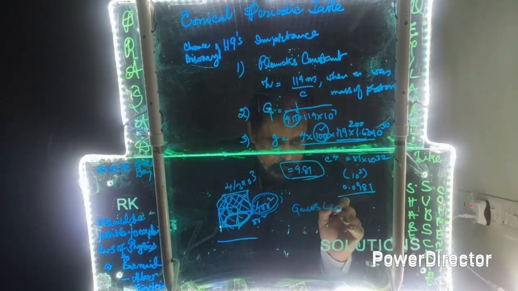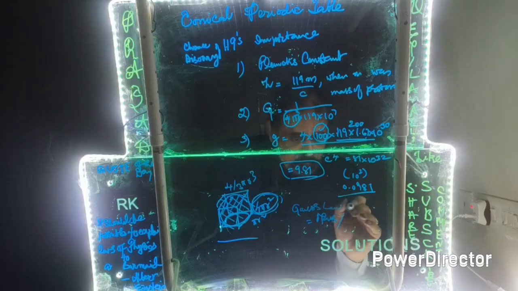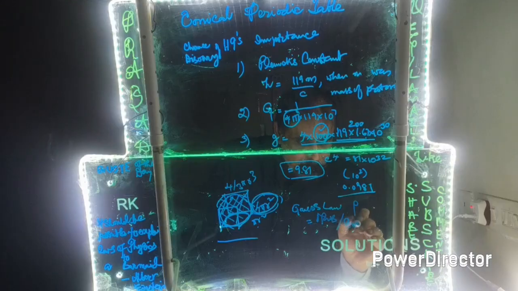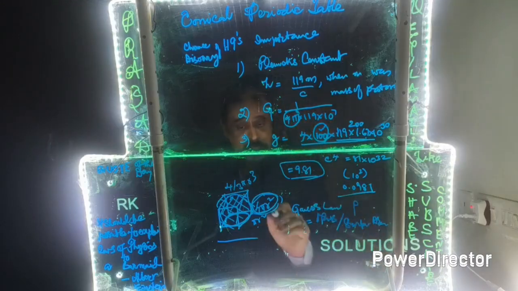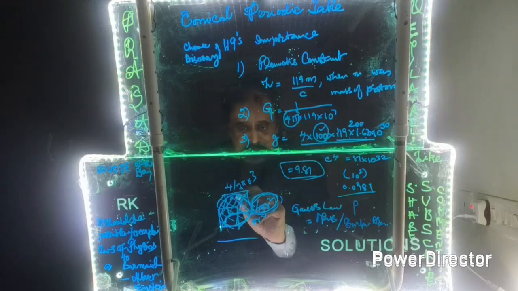Gauss's law says mass by, mass rho is given by mass by the surface area, right? So this 4 pi r squared is the surface area of a sphere.